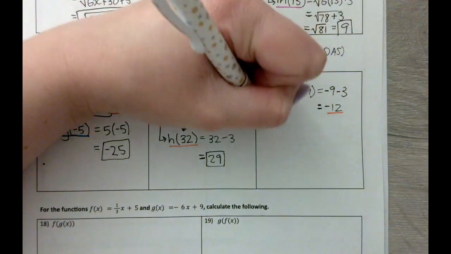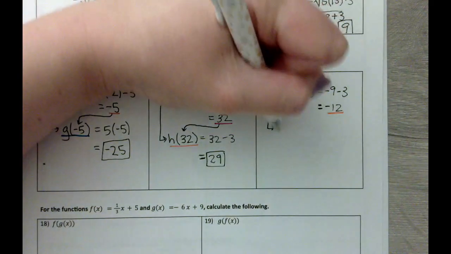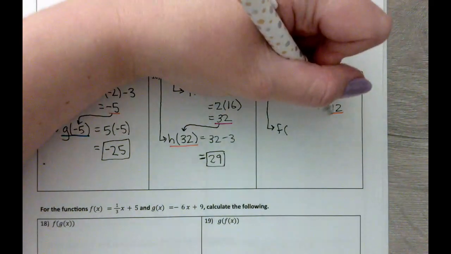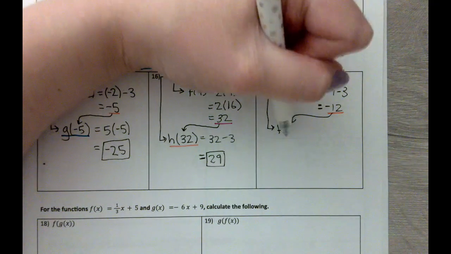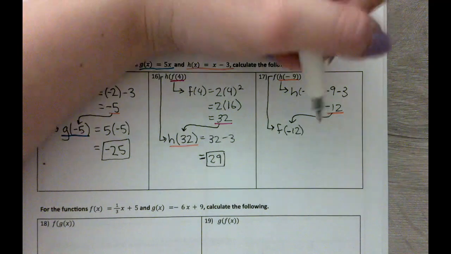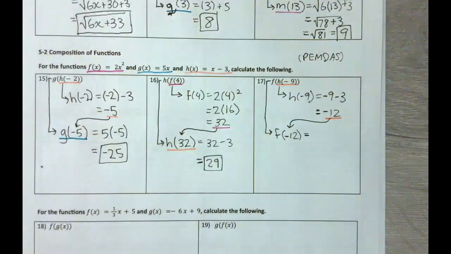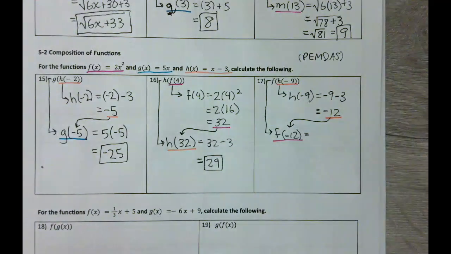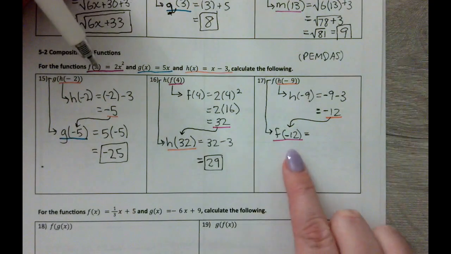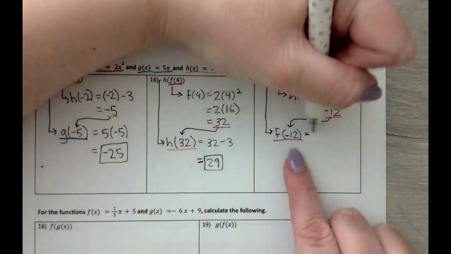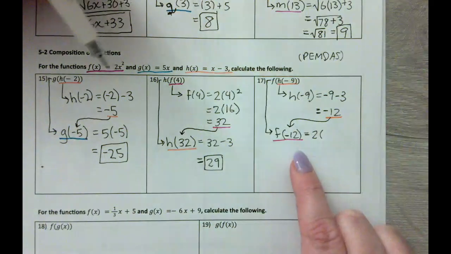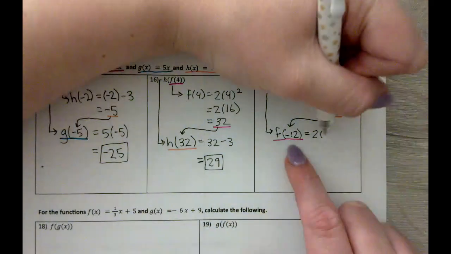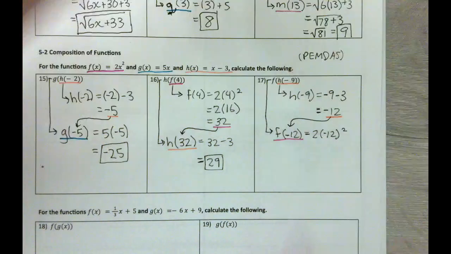Bring down the original problem and replace f, and then instead of h of negative 9, we now have negative 12. And then f is pink. So I'll look at my pink function when I'm plugging in negative 12. 2 times, this is 2x squared, negative 12 squared.